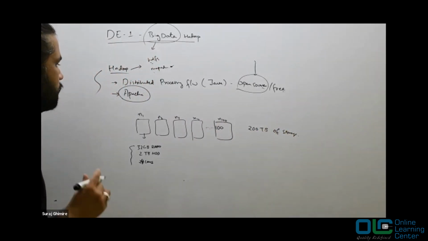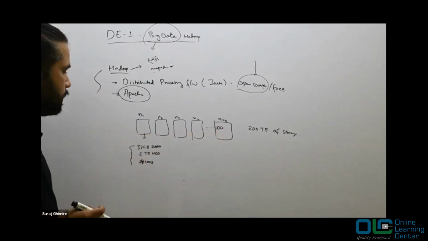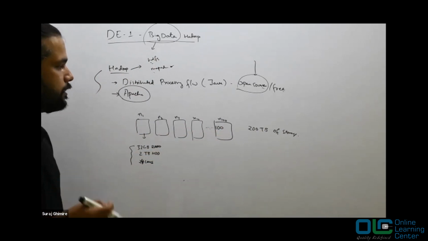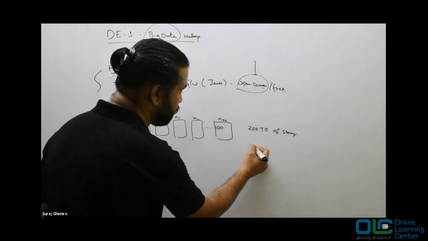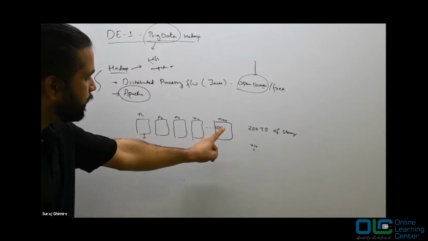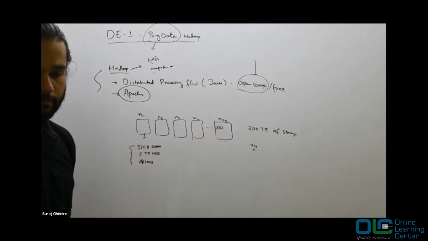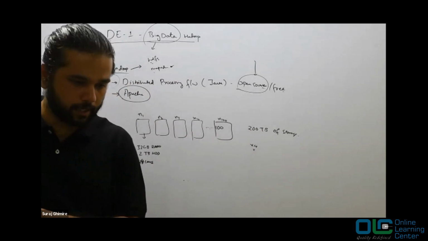Now if I say, hey, 200 terabytes is not really sufficient, I want at least 800 terabytes of storage, which means times 4. With this configuration you would need a total of 400 nodes. But I really don't want to invest a lot of money in buying additional machines.